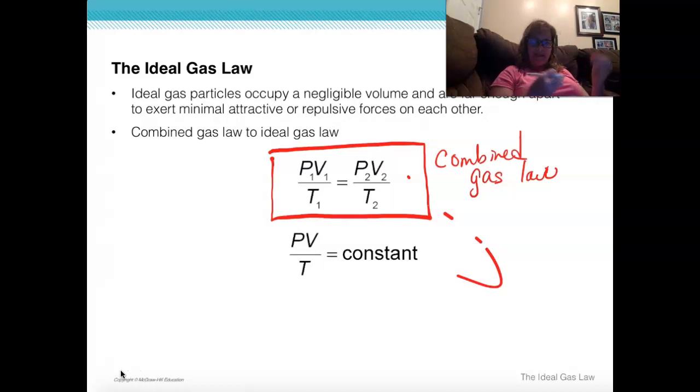By seeing that this is an equivalence there, we can say that pressure, volume, and temperature are always equal to a constant. And it's this mathematical understanding that takes us to the ideal gas law, because we are going to look at what that constant is.